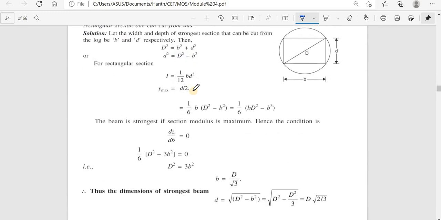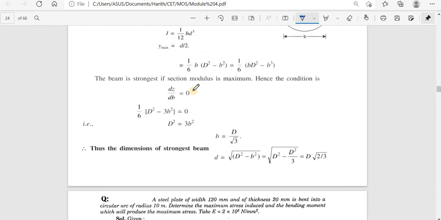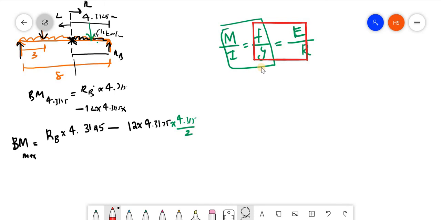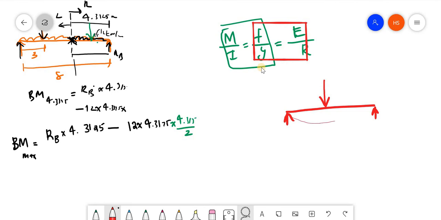Now we have studied the bending stress. In any beam, if I am having a beam like this and a loading is there, then it will be bending like this; it will be having a bending moment and it will be having shear force.